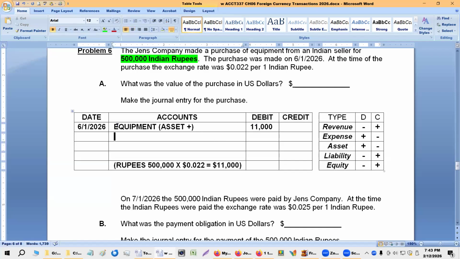And we haven't paid for it yet, though. What kind of account do we use if we haven't paid for something? Accounts payable, yep. Accounts payable, and that is a liability, and it's going up.